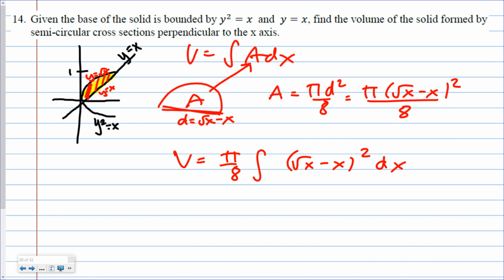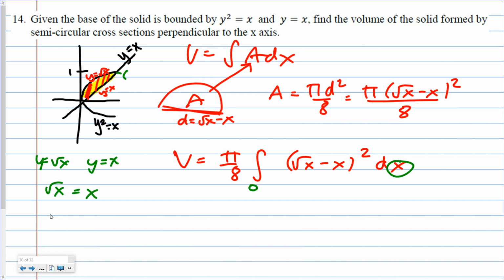I need to find the limits, though, of my x. So if you go to the picture, what's the smallest x value? 0. That's pretty easy. But what's the largest x value? I need to find this intersection here. The intersection is where y equals square root of x intersects with y equals x. You just set them equal, so that means square root of x is equal to x.